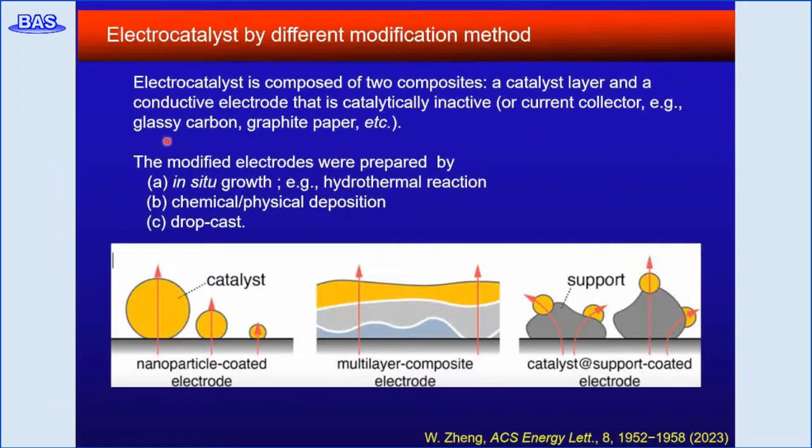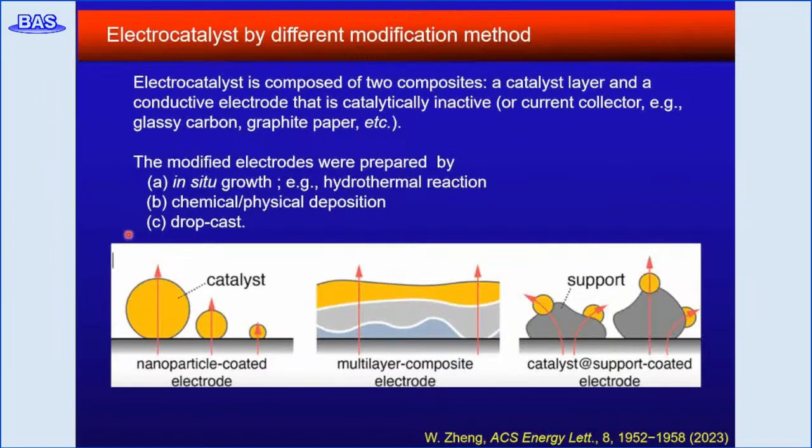Methods of modification on the electrode include in situ growth by hydrothermal synthesis, chemical or physical deposition, and drop casting, in which a suspension of the solid catalyst is applied on the electrode surface.